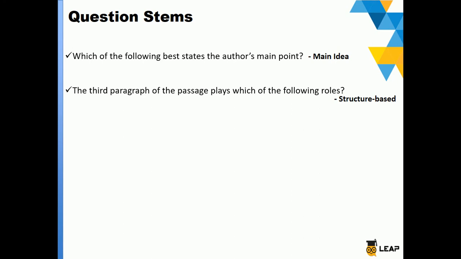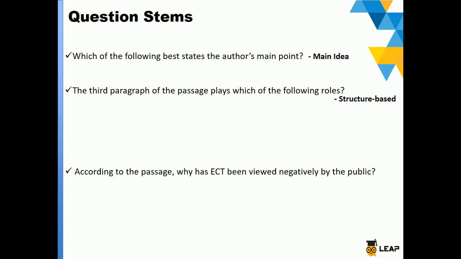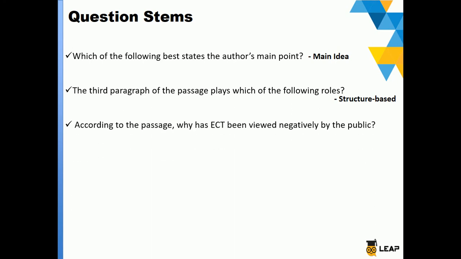So this is a structure-based question. According to the passage, why has so and so been done? That is a detail-based question. So this is a supporting details question where you are asked why a specific detail has been given in the passage and what the purpose of that is, how it supports the main point.